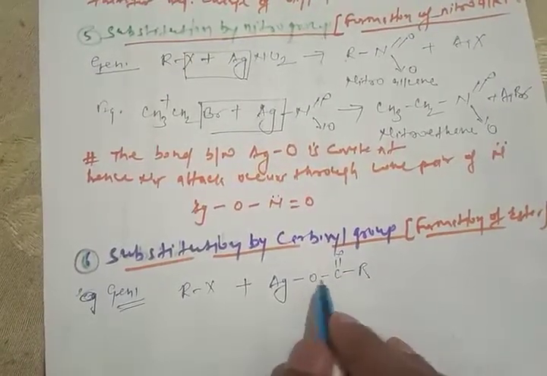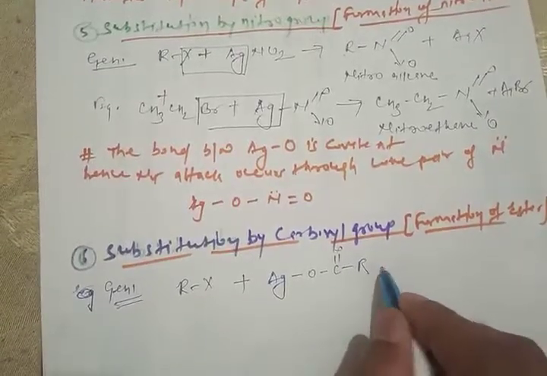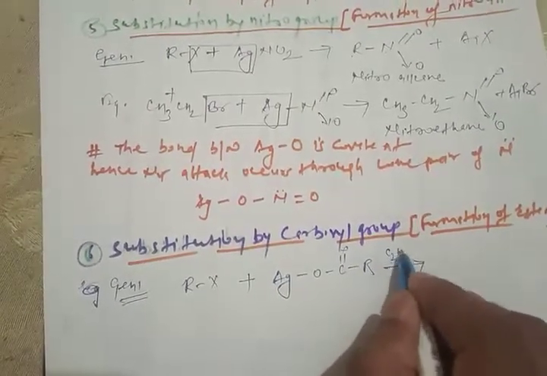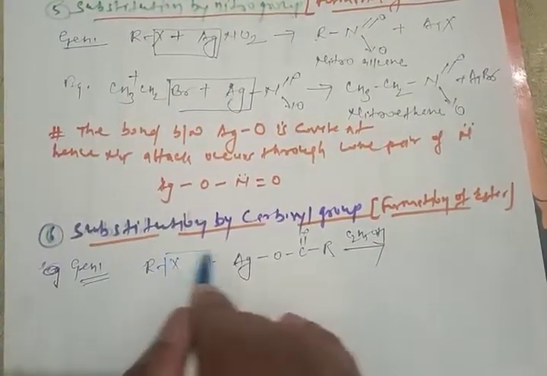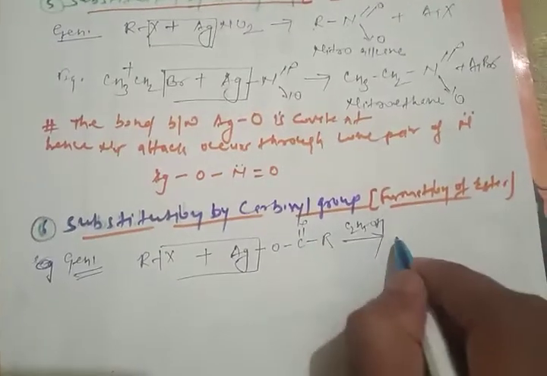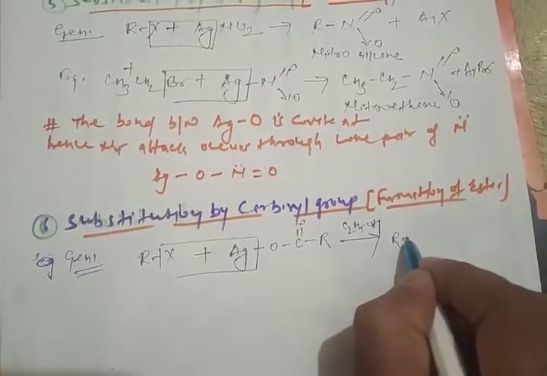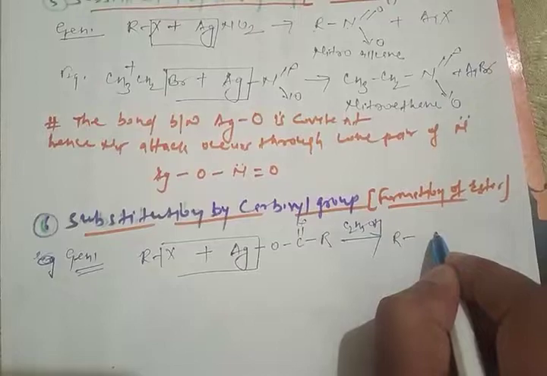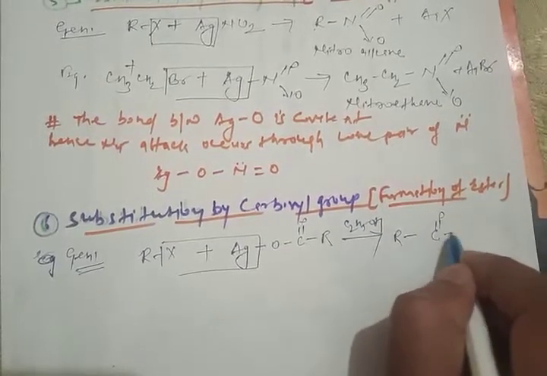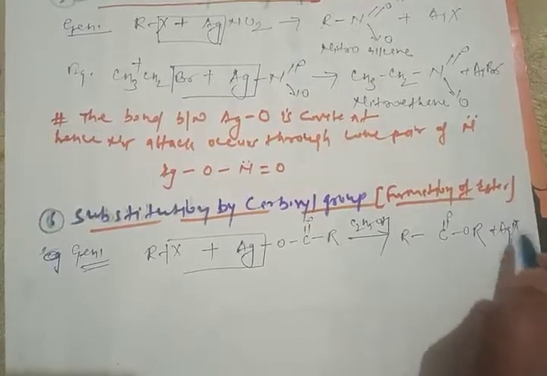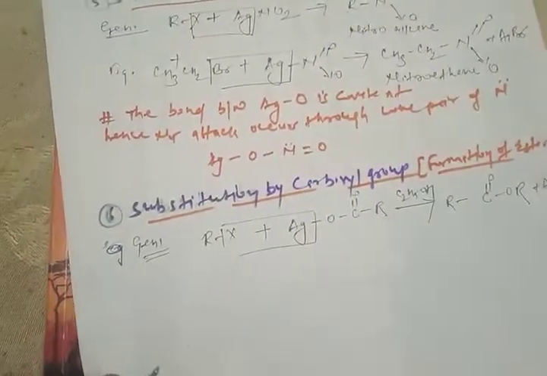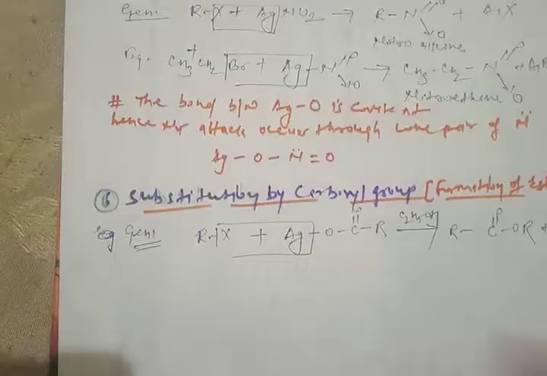Okay, RCOOAg, the silver salt, and in presence of alcohol. Water we cannot take, because the metal is very reactive, so this will substitute, and we get RCOOR plus AgX. Okay, so this is the product.